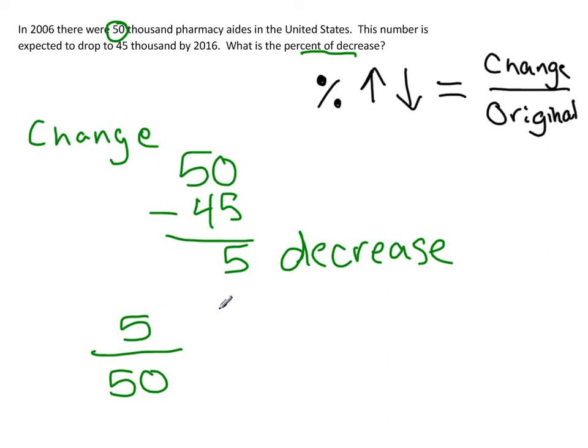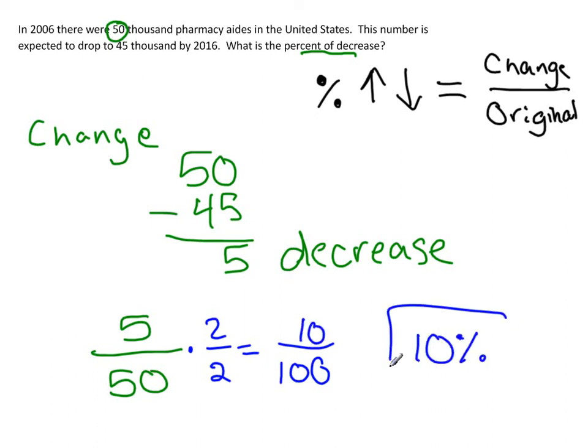The easiest way here is, since you look at the denominator and it's already 50, you can times both top and bottom by 2, in which 50 times 2 gets us 100, which is what percent means, and 5 times 2 is 10, so 10% must be the percent of decrease. You can also take 50 and divide it into 5. You can reduce the fraction by whatever means is necessary.